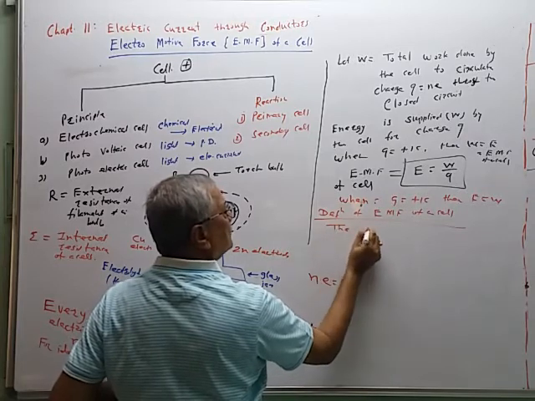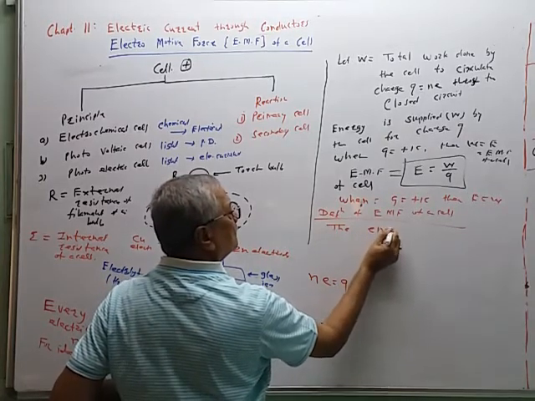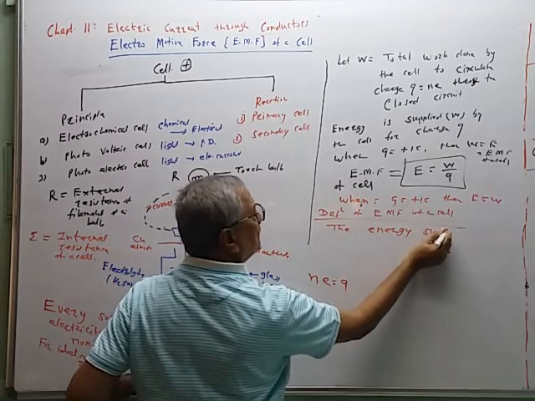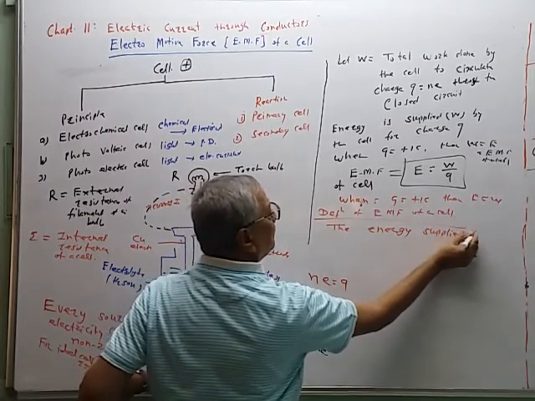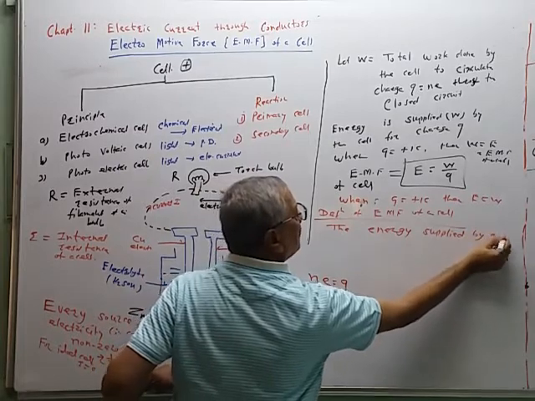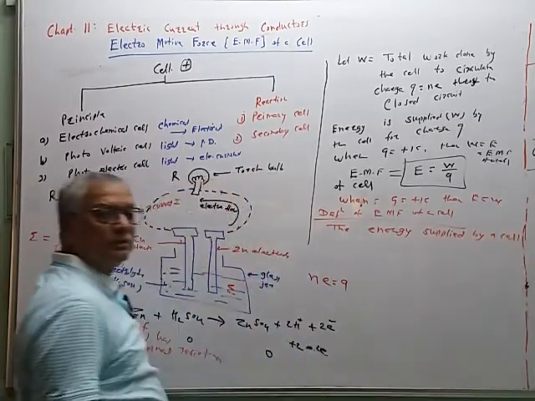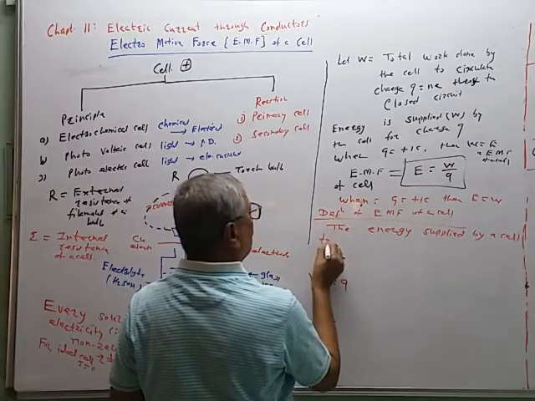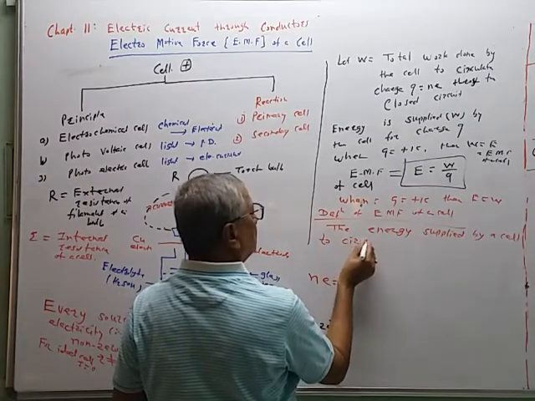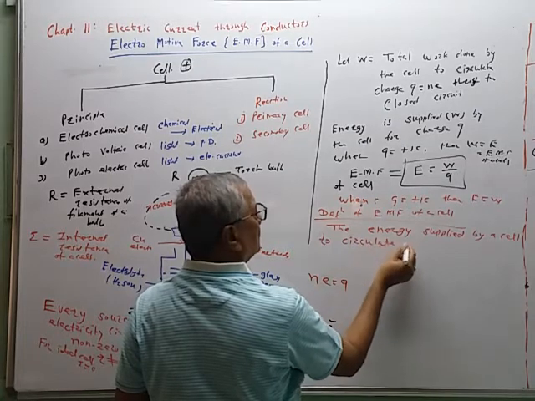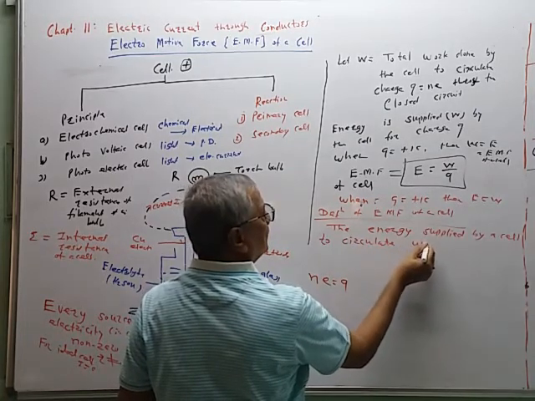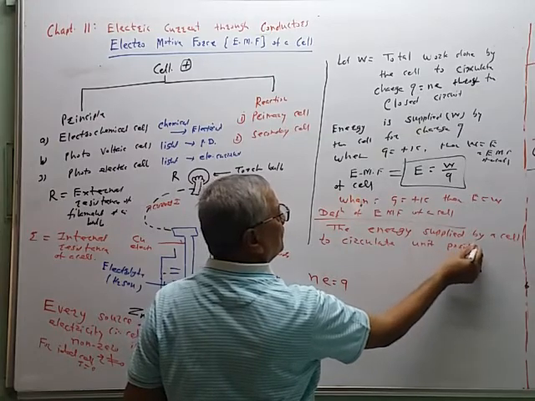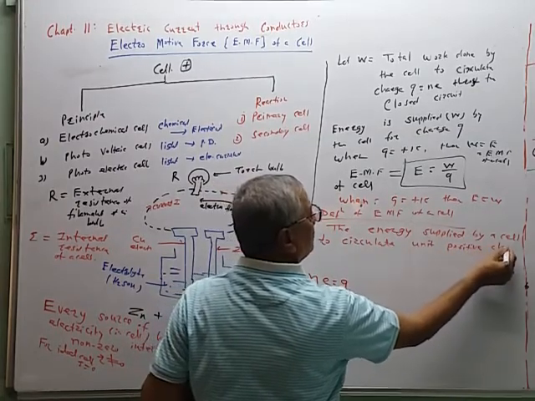The energy supplied by a cell, whatever is the type of the cell, to circulate unit positive charge.